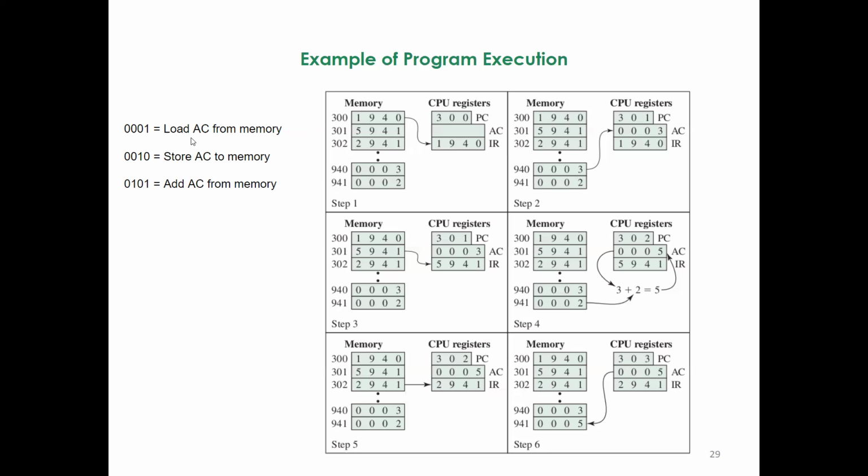Already by looking at the opcodes and the instructions stored in memory, you can tell how big the opcode bits are. There are 4. And then you can tell how big the instruction word is.